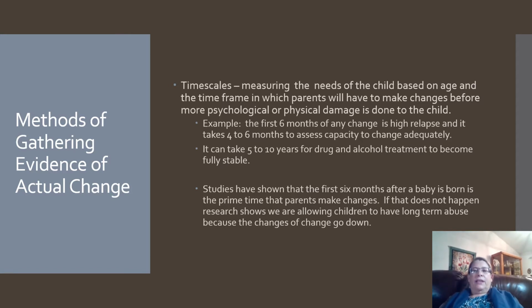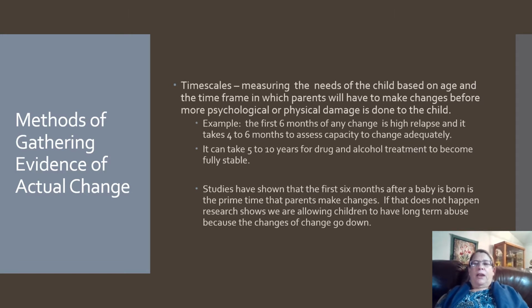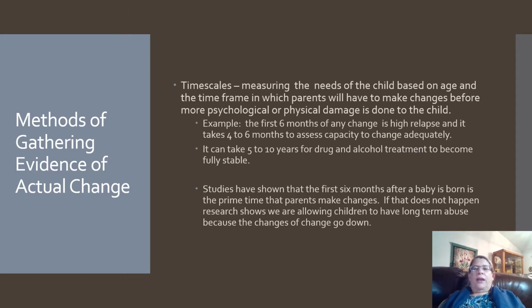Time scales is another way, very much like scatter plots or whatever, where you measure the needs of the child based on their age and the time frame, and how much of the changes are taking place rapidly.